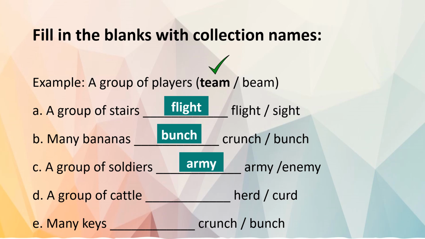What is the right collection name of this group of cattle? It's herd, H-E-R-D, herd. The last one, many keys, dash. The options are given crunch or bunch. The right option is bunch.